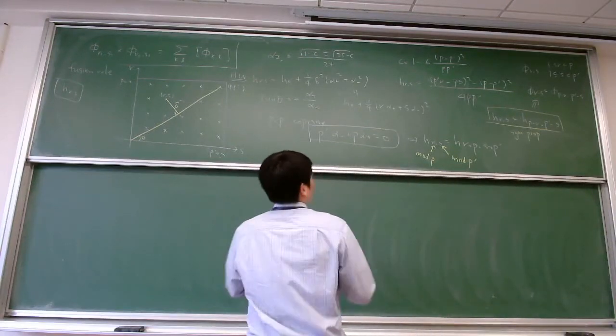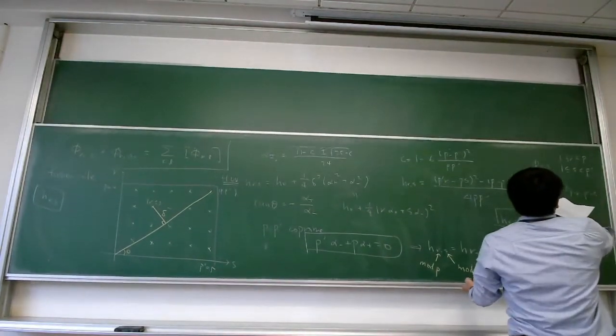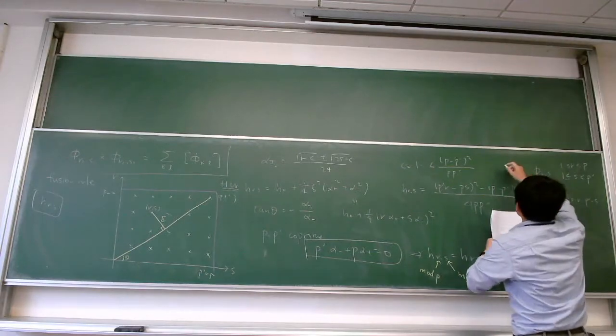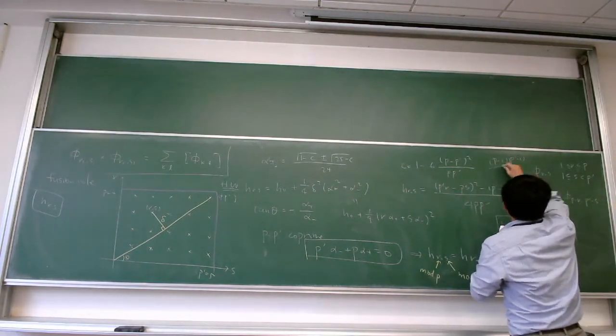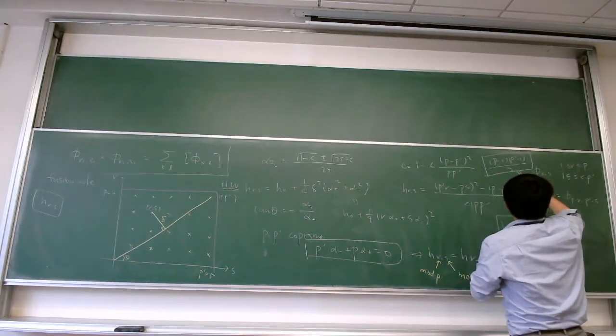So therefore, if you impose this condition, there are only finitely many primary fields, (p minus 1)(p prime minus 1) divided by 2. This is equal to the number of primary fields here.